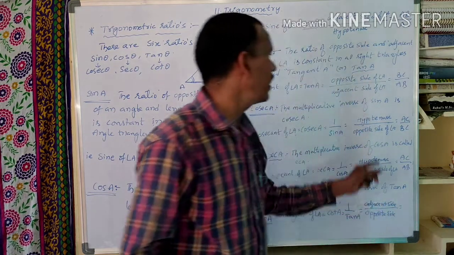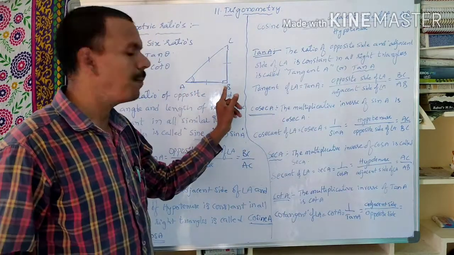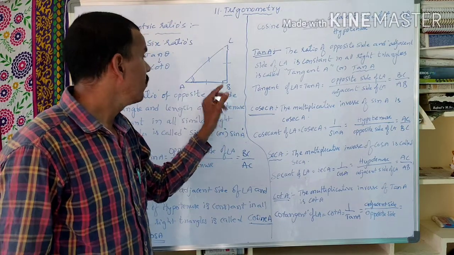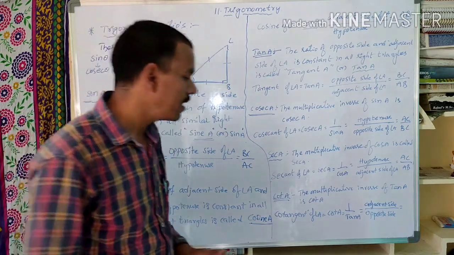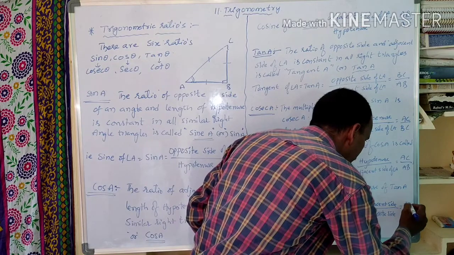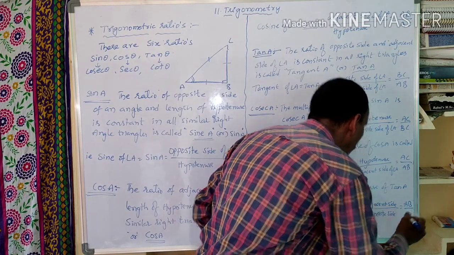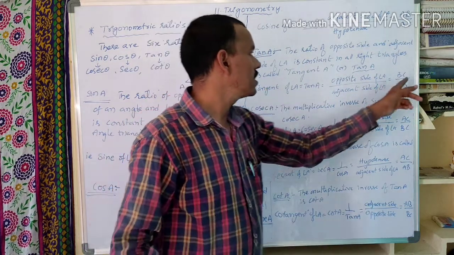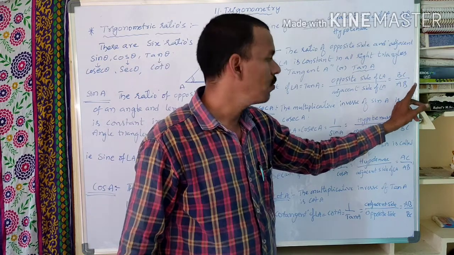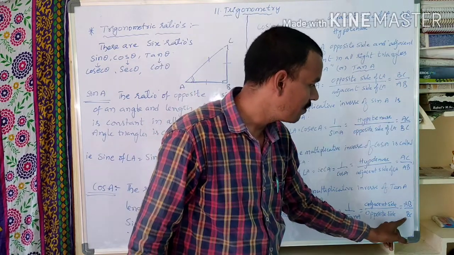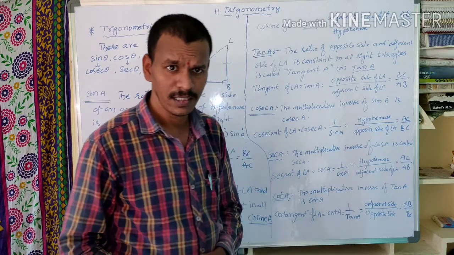What is the adjacent side here? AB. What is the opposite side? BC. So AB by BC. Tan theta is BC by AB, so here AB by BC is the reverse, that is cot theta.